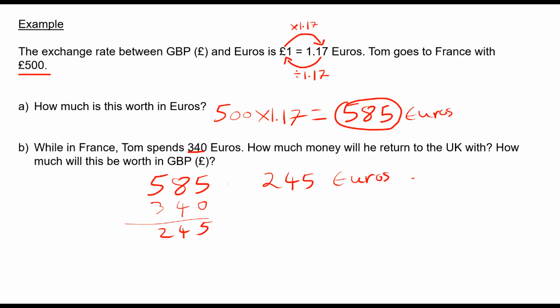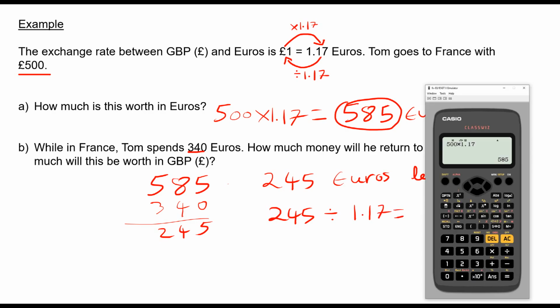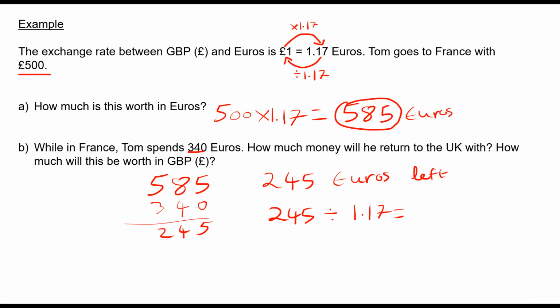And then we need to put that back into pounds. To do this, I need to divide by 1.17. This gives me 209.40, so £209.40.